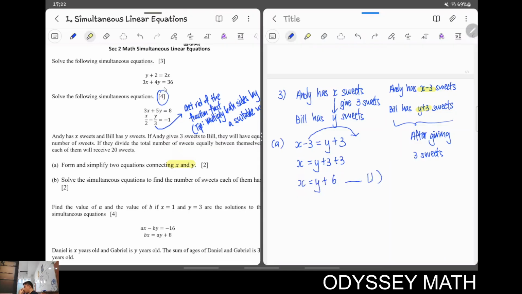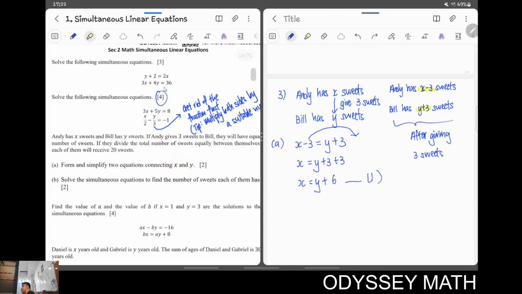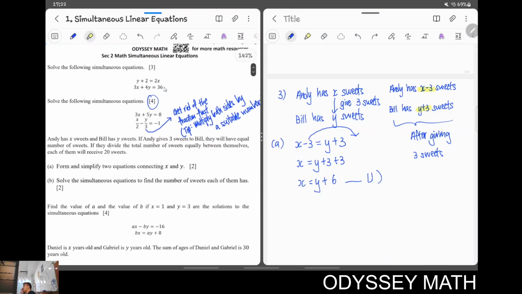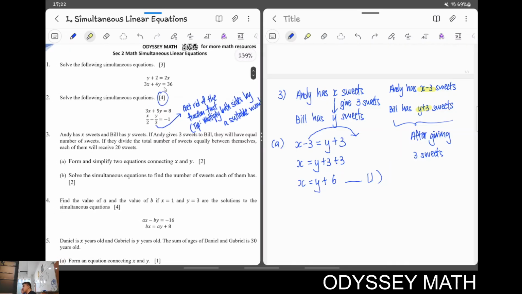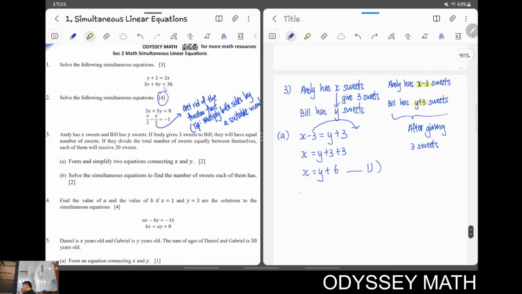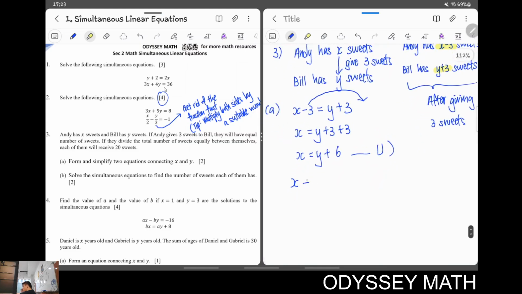Now moving on to the second part. If they divide the total number of sweets equally between themselves, each of them will receive 20 sweets. So what does it mean? Andy has X sweets, Bill has Y sweets, so that's the total number of sweets. They divide it equally between themselves, so you divide by 2 because Andy and Bill are only 2.